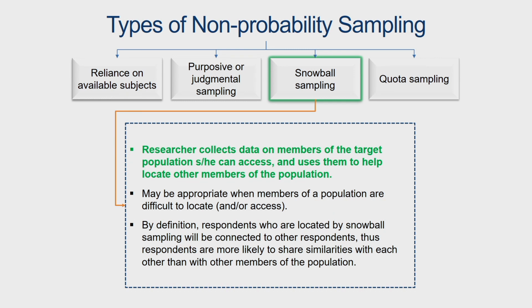Snowball sampling is very frequently used again in development research. Here the researchers collect data on members of the target population that they can access, and they use them to help locate other members of the population. Like, for example, I was taking the example of migration.